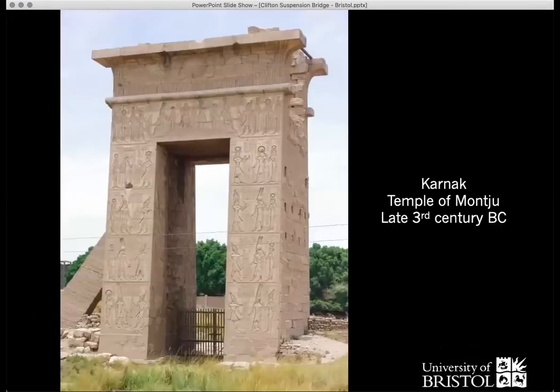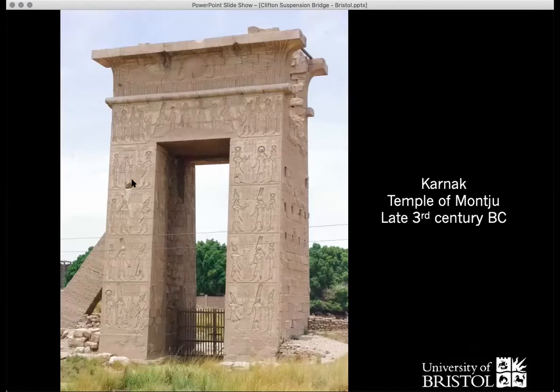And we can see a rather better preserved one here at Karnak, slightly earlier. But again, all of these particular kinds of gateways date to the latter years of ancient Egypt, 3rd century BC through to the early part of the years AD.